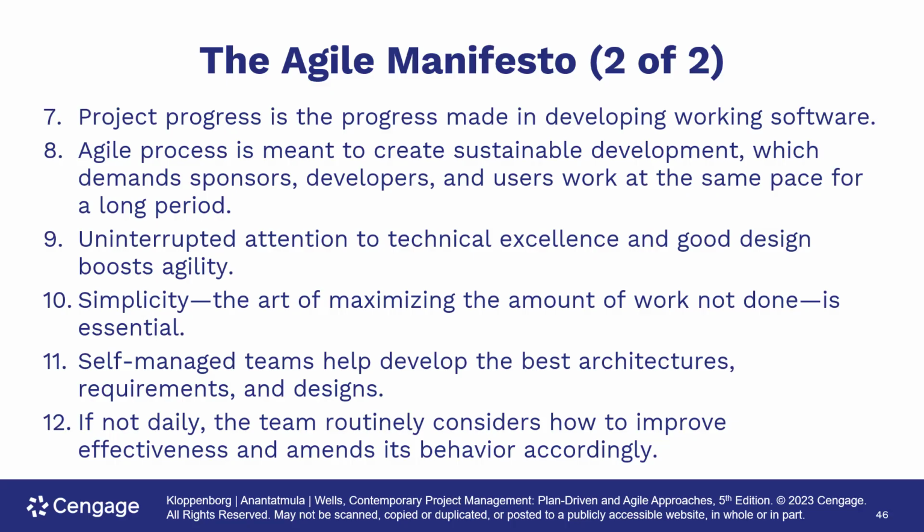Number 11, self-managed teams help develop the best architectures, requirements, and designs. And finally, out of the 12 Agile Manifesto principles, if not daily, the team routinely considers how to improve effectiveness and amends its behavior accordingly. So it's about continuous improvement when you work in an Agile environment.